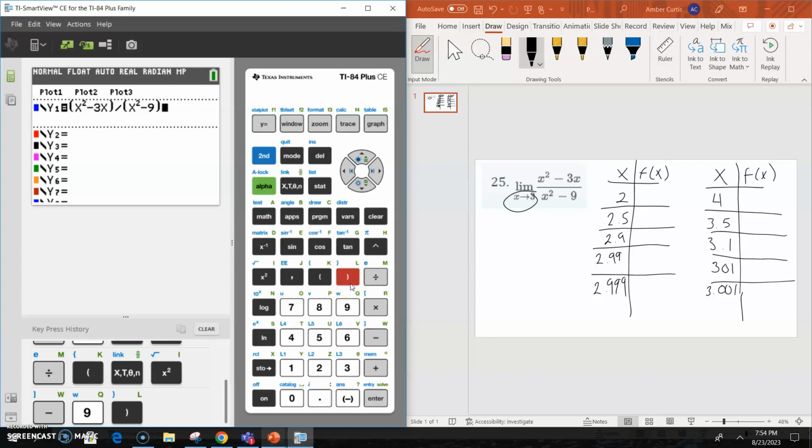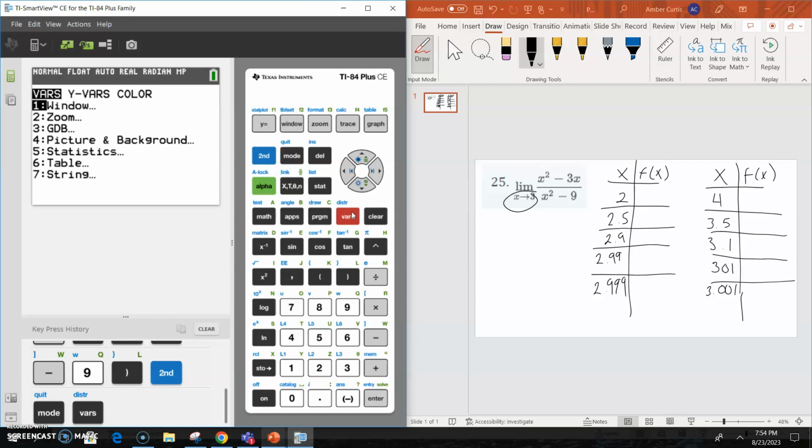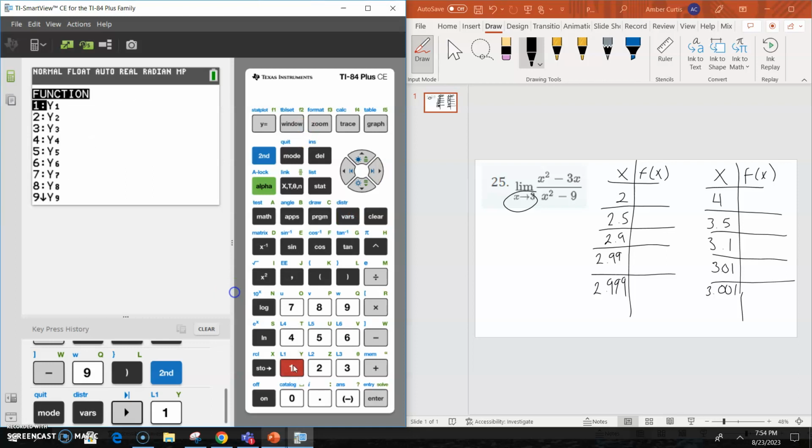I'm going to go ahead and hit second mode, which is going to quit. And what I'm going to do is ask my calculator to calculate each of these outputs. I'm going to do so by hitting variables, y variables, and option 1.